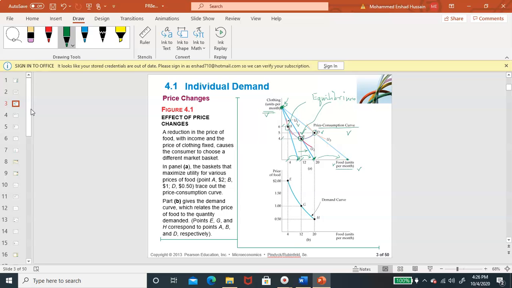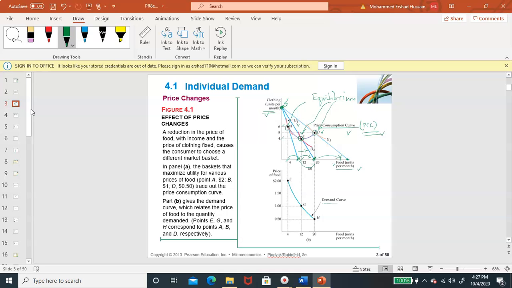So that is the tangent point. This is the equilibrium when price corresponds to the new budget line. The consumer is consuming 20 units, so from 12 his consumption is increasing to 20. See? So that is the price consumption curve, PCC.